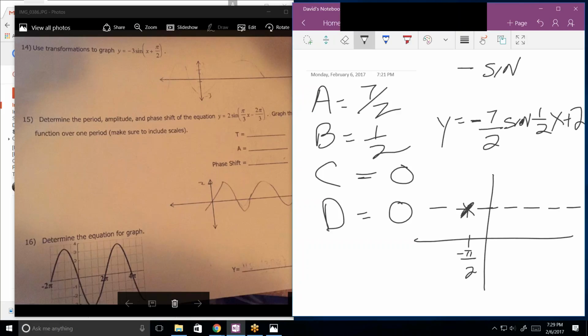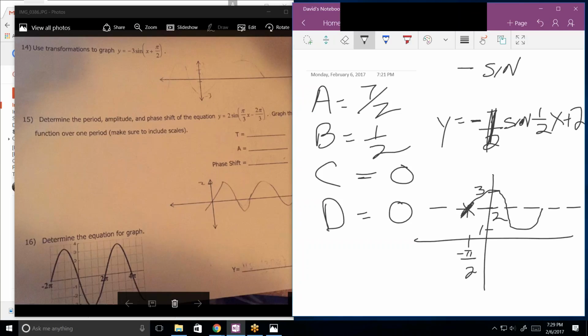And say this vertical shift was at 2, and let's say A was 1. Means we're going to go up to 3 and down to 1. And the graph would be drawn like that.